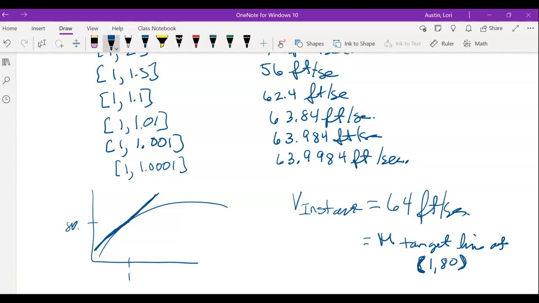It's figuring out what's happening at a point by looking at what happens as you approach that point. Now, when we do derivatives, you're going to find this in 2 seconds. That's what's awesome. You'll never have to do this because you're going to be able to use a derivative to get the slope of a line. But before we get there, we've got to get through limits. And this kind of gives you the idea of how a limit works.